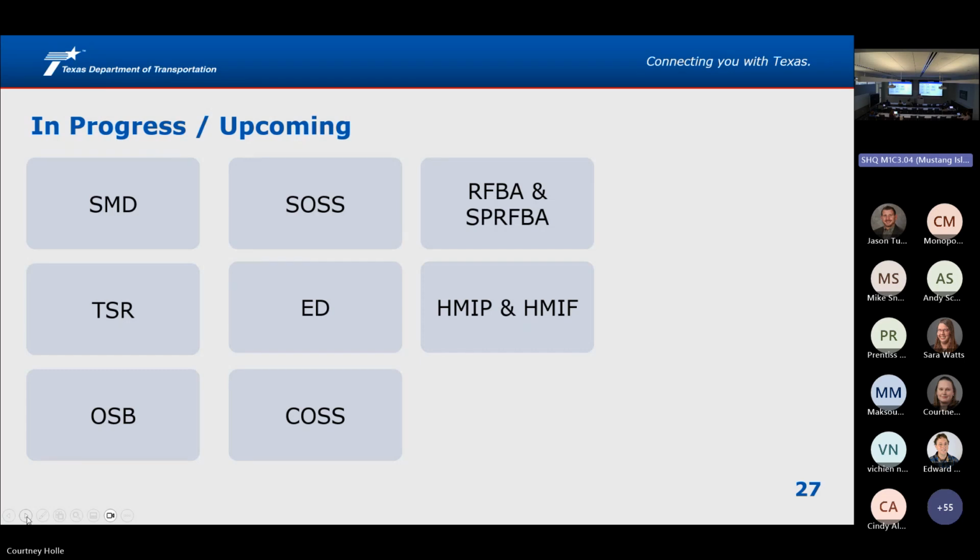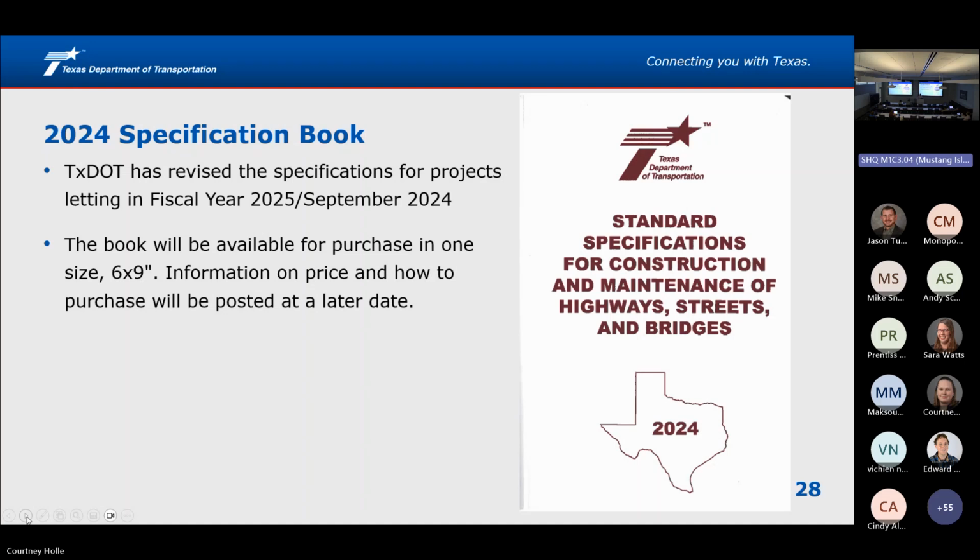We're also still working on the roadside flashing beacon assembly and the solar powered roadside flashing beacon assembly. We're updating the typical signing requirement standards, electrical details, high mast illumination poles, high mast illumination foundations, and then OSB and the cost structures.